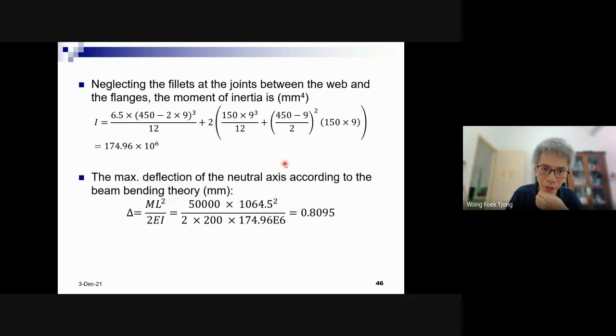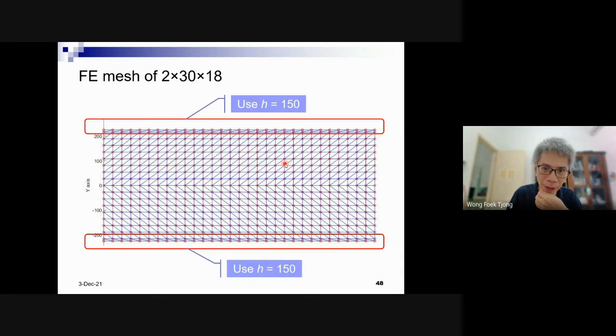So we can use the final model like this. Okay, for the web and the flange. For the flange, we use the thickness of this model, 150. For the web, it's just 6.5. So it's a kind of sudden jump of the thickness to model the wide flange beam.